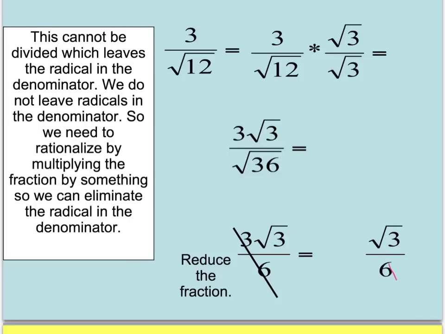This should actually be the square root of 3 over 2. Really important that I cannot reduce at any of the steps before this one, and that is because this is under a radical. This is under a radical, and this one is not.